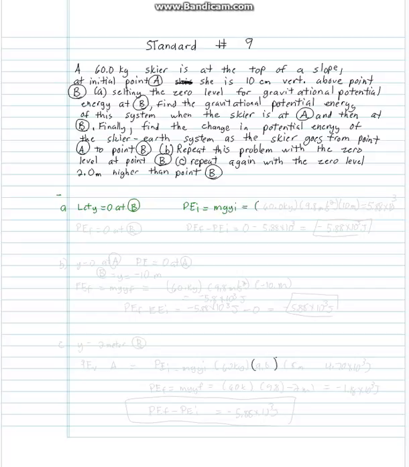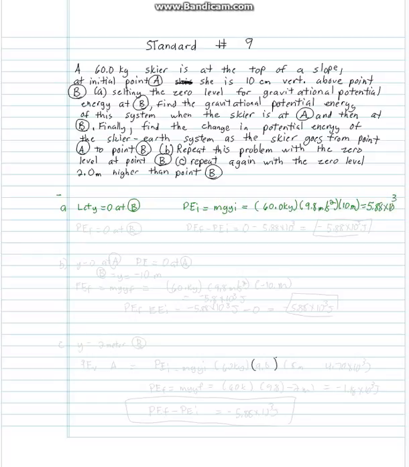If we plug in our numbers from the givens, we have 60.0 kilograms times gravity, 9.8 meters per second squared, times our 10 meters, which then equals 5.88 times 10 to the third.